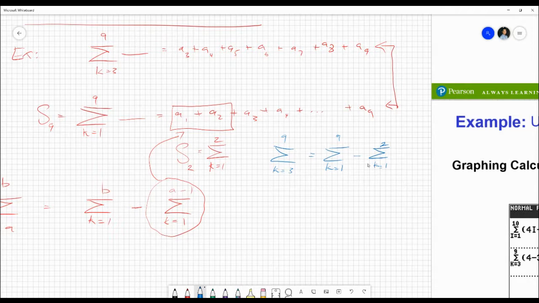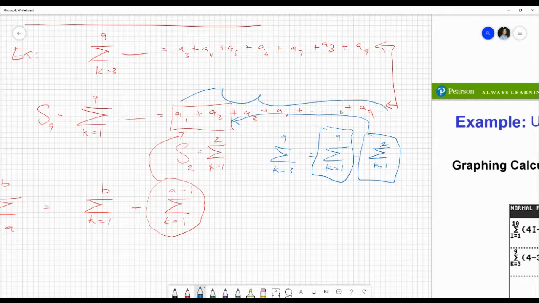You can see that this right here is equal to the first two terms, whereas this right here is equal to the entire thing, 9 terms. I'm subtracting 2 terms, so the result is the 7 terms here. Notice I'm removing the 2 terms here.